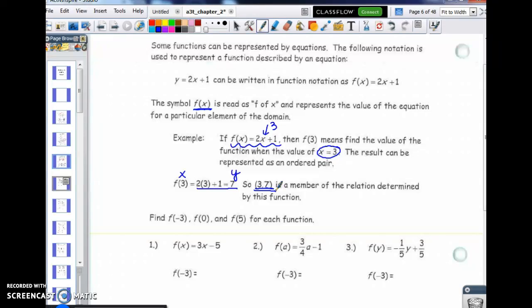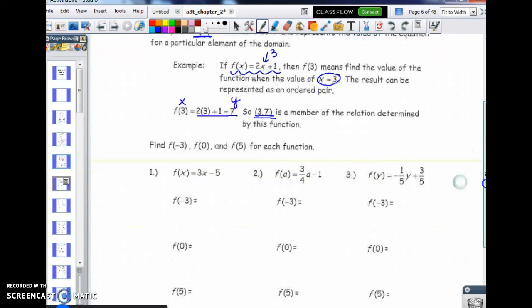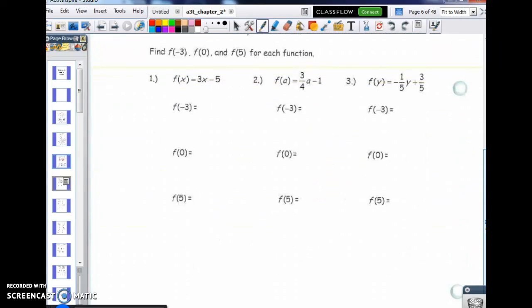Now we want to find f of -3, f of 0, and f of 5 for each of these functions. So we're going to plug this in. We get 3 times -3 minus 5, which is -9 minus 5, which is -14. I plug in my -3 here, and I get 3 fourths times -3 minus 1, -9 fourths minus 1.